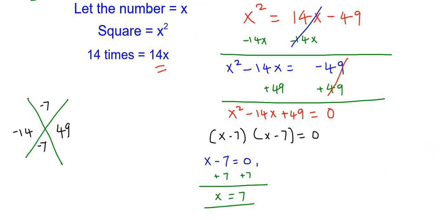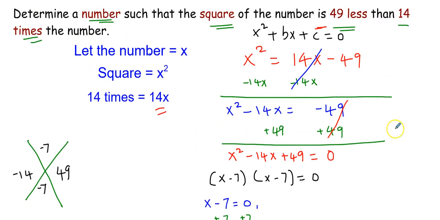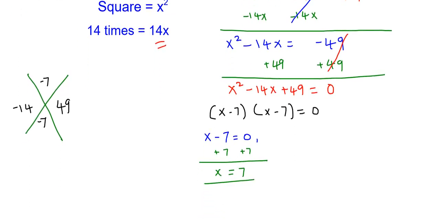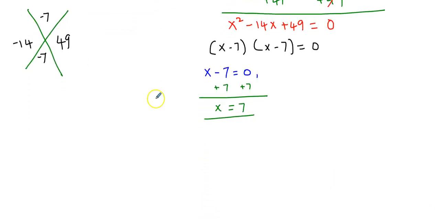That is the x which we introduced at the beginning. Let the number equal x. So the number that you are looking for is nothing but 7, and we will even verify the result.